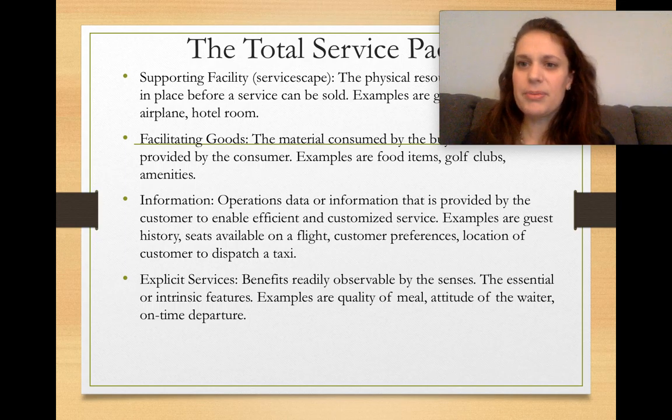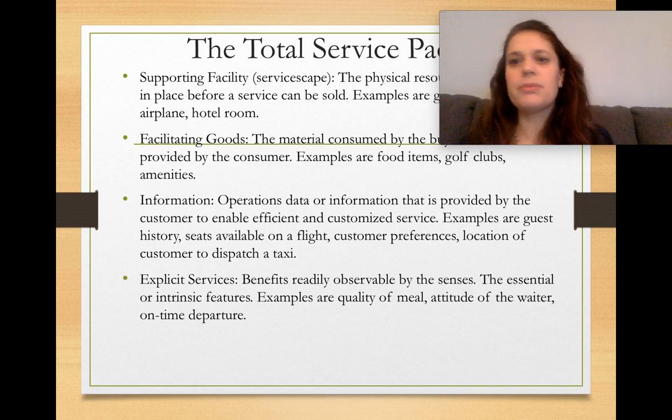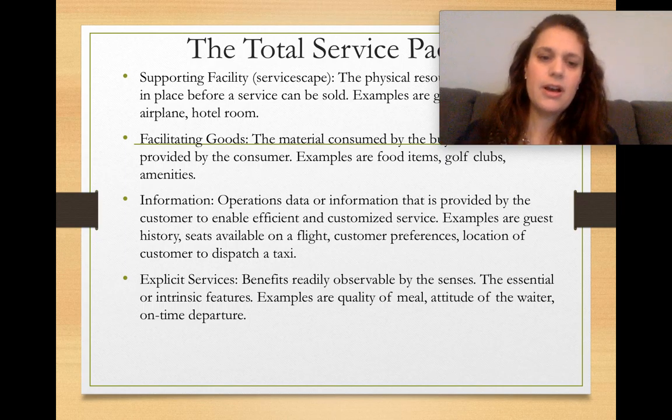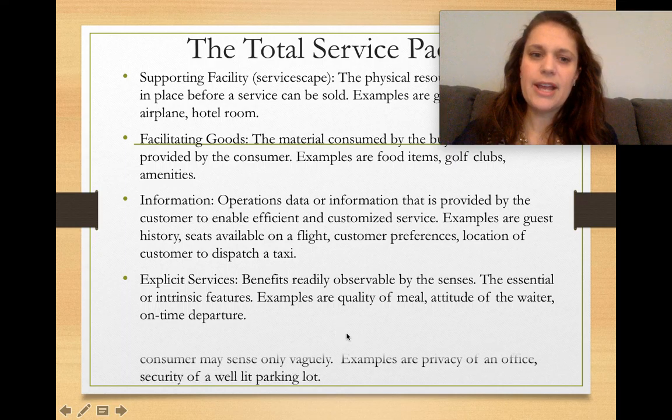These are not things that we plan for, that we actually feel are part of what we're paying for, but they are. As a consumer, it's part of what we're paying for. So the attitude of the wait staff, for example, would be what we would call the explicit services. It's not something that we typically advertise. It's not typically part of the experience unless you're going to a place like Dick's Last Resort where they actually bill that as part of what they give. Typically, that would be considered an explicit service.